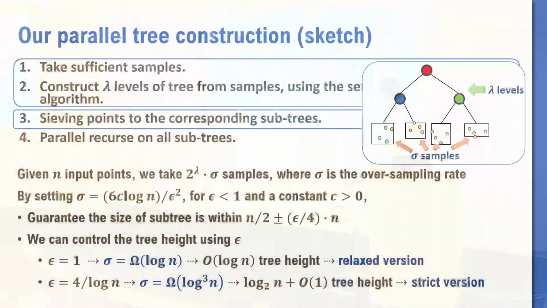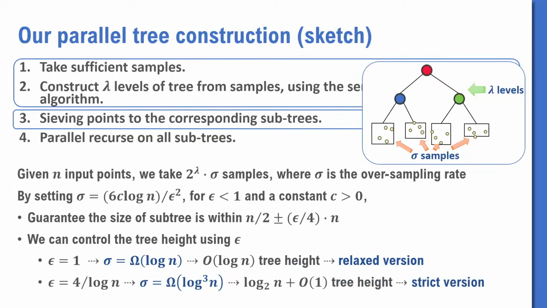So the algorithm is we have lambda levels, 2 to the lambda leaves, and then I put sigma samples in each subtree. So in total, I'm going to have 2 to the lambda times sigma samples here. This is the oversampling rate, making sure that we're not going to have very bad splitters.